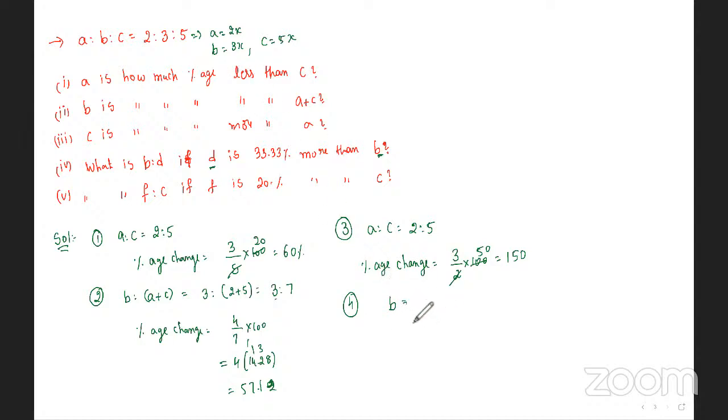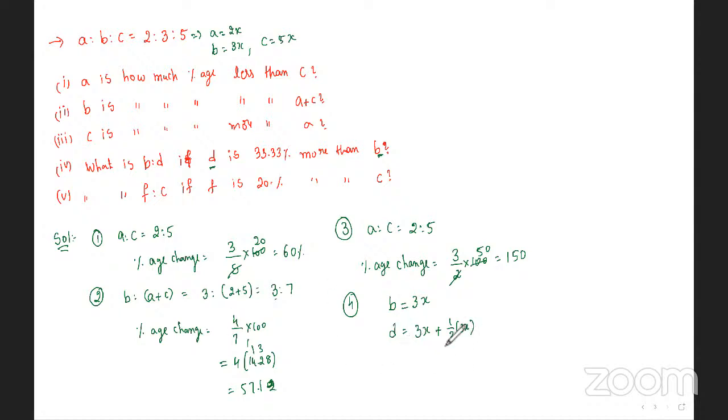Now here I take B as 3 into x. Now what is it telling? D जो है वो B से 33.33% ज्यादा है. 33.33% का फ्रैक्शन we know 1/3. सो D है 3x से 33.33%, which is 1/3 of the 3x ज्यादा है.